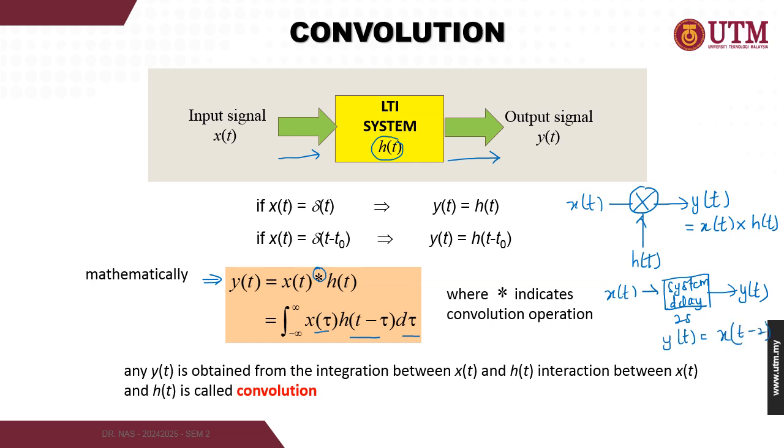But if you have a block diagram like this with an LTI system, the output y(t) is produced by the convolution between the input signal x(t) and h(t).